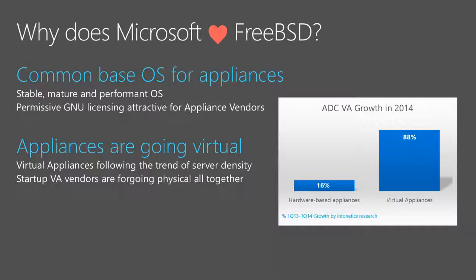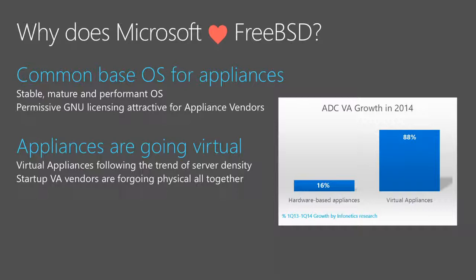So what we're starting to see is that all appliance vendors are starting to move to a virtual model to compete from that perspective. But also, as they think about how they can extend their business into the cloud, they obviously have to be virtual to do that. So we're seeing this increase heavily. So that virtualization aspect is big.